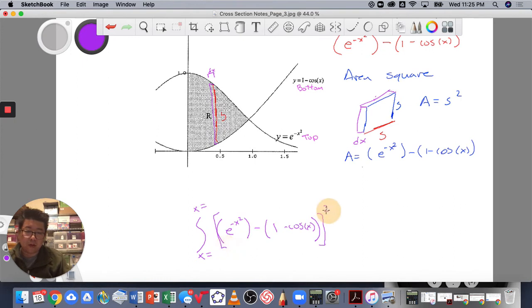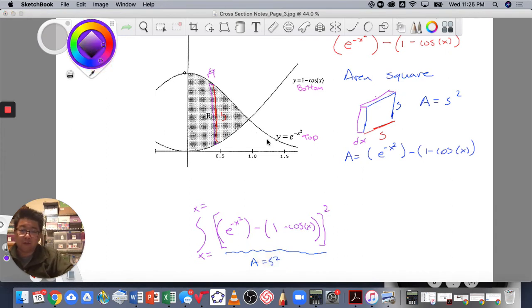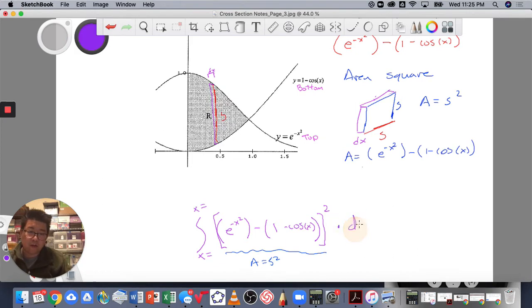This is squared. So this right here is area S squared. Okay? Now, to give it a little bit of width, okay, we give it a certain amount of width, and multiplying these two together, we get volume.